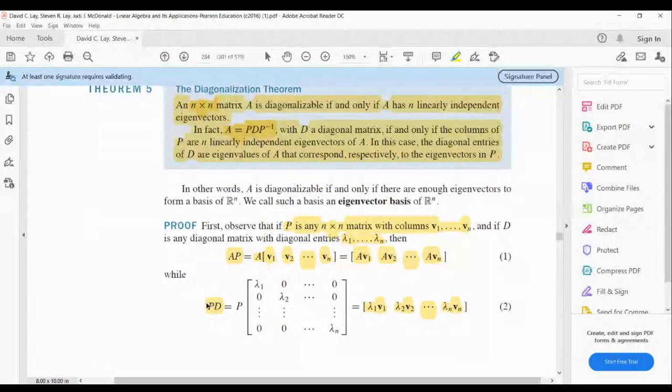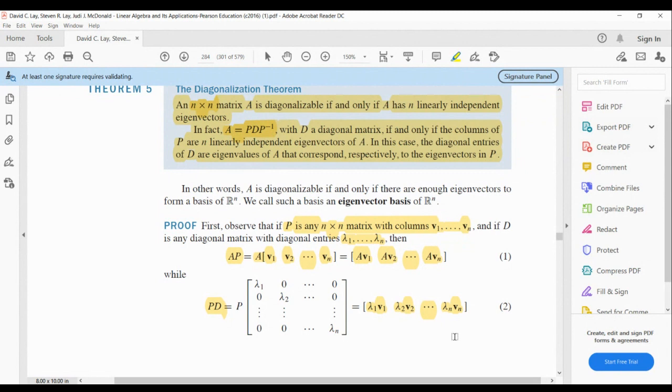Okay, so now this statement that P times D, where the column vectors of P are V1, V2 up to Vn, P times this diagonal matrix D equals that product matrix whose column vectors are lambda 1 V1, lambda 2 V2 up to lambda n Vn. Now that makes sense.